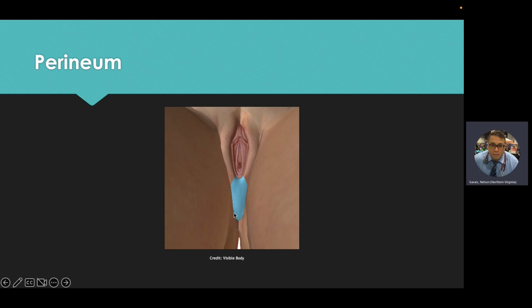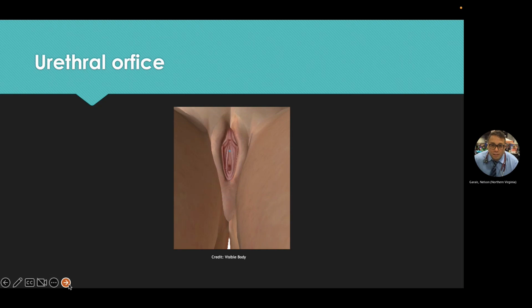So you could see very close proximity of the anus to the vaginal orifice or opening right here, and that causes a greater predisposition for urinary tract infection for your female patient.